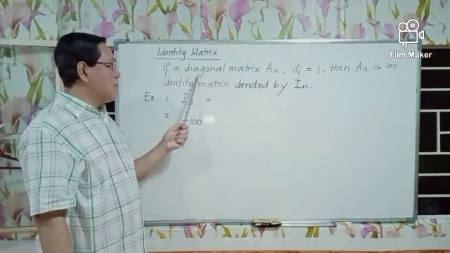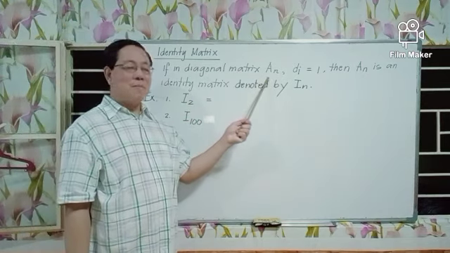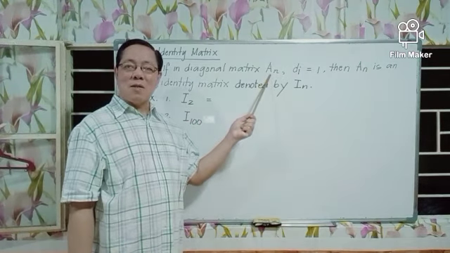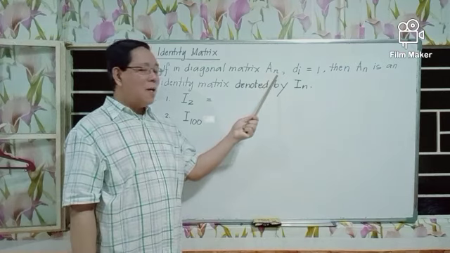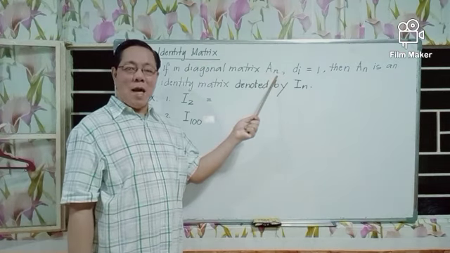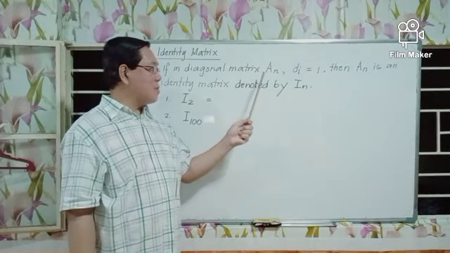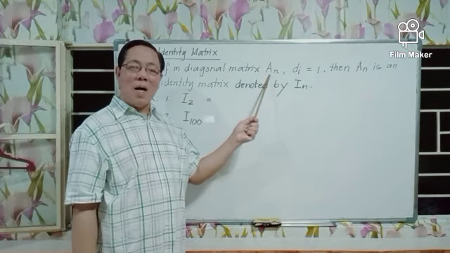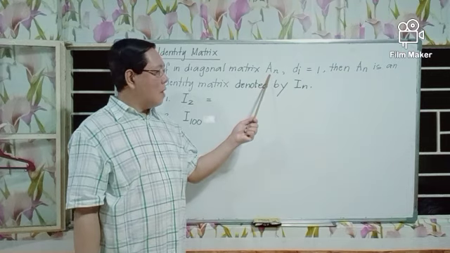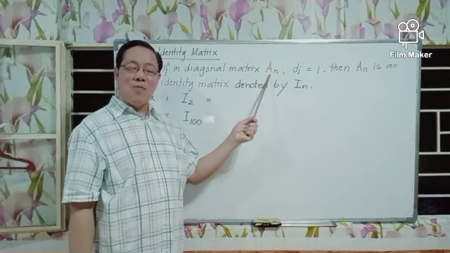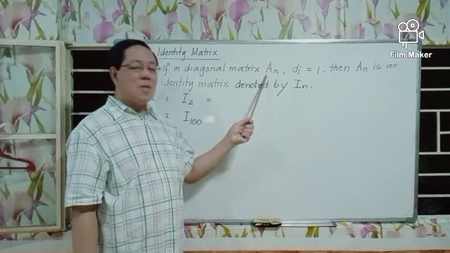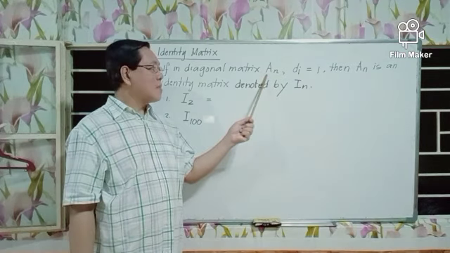If A sub n is a square matrix of size n by n with n rows and n columns, and it is a diagonal matrix, which means the entries A sub ij of matrix A are 0 for i is not equal to j.